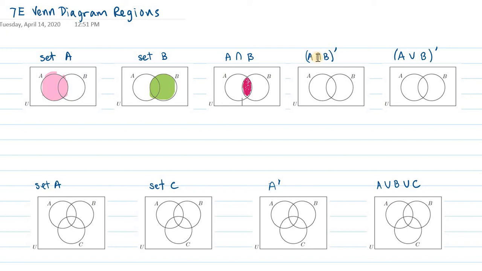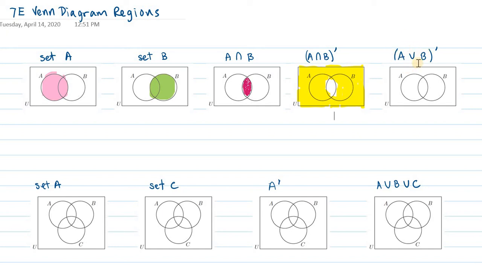So that would be everything that is not A and B. If A and B is the almond, then everything that is not A and B is going to be the whole thing except that sliver in the middle. So everything would get shaded in. Everything that's not A and B is all of the places that are either A or B or neither of those. So we would shade everything except for that center part.